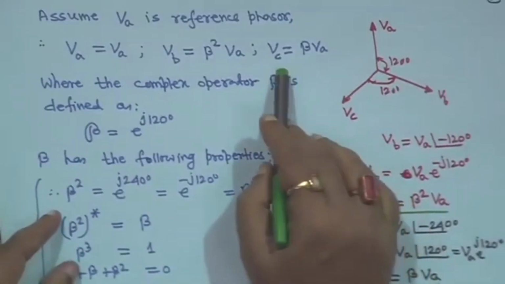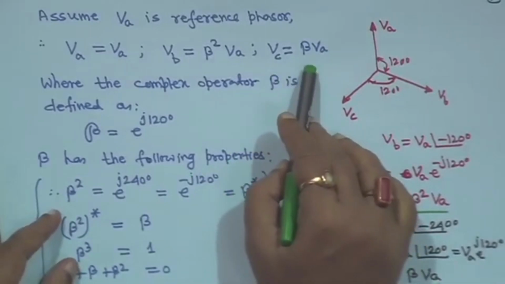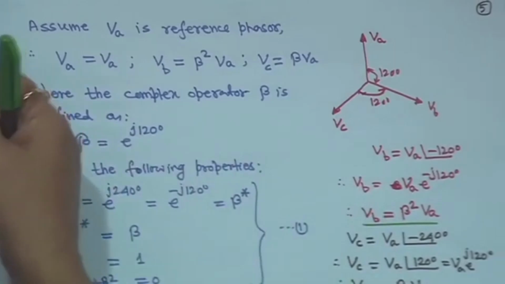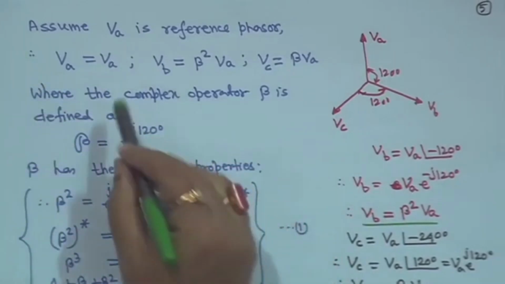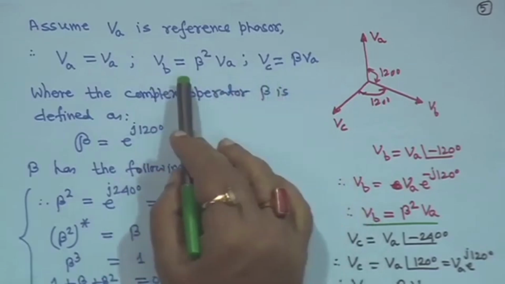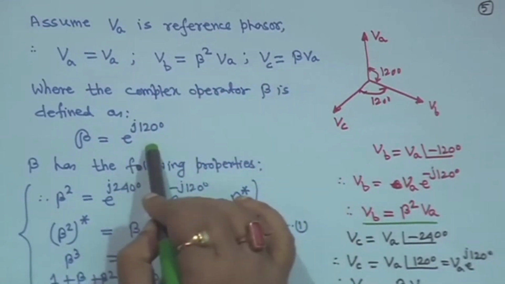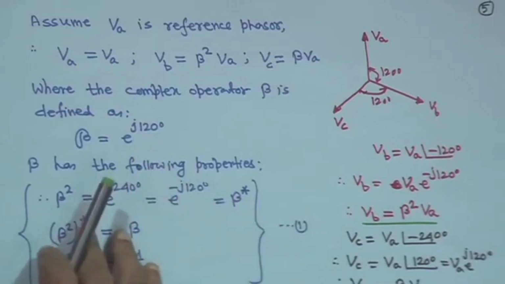That means we are putting VB and VC in terms of the complex operator beta, where beta is equal to e to the power j120 degrees.